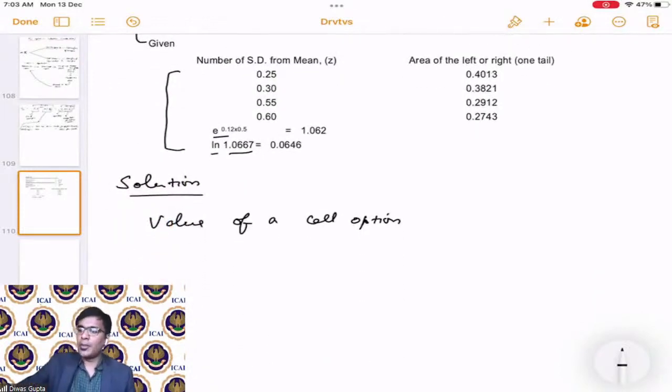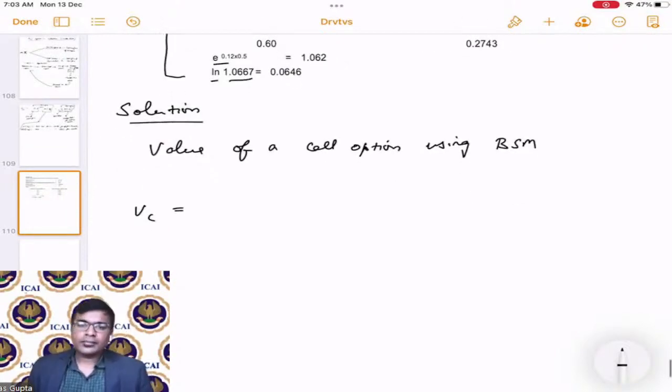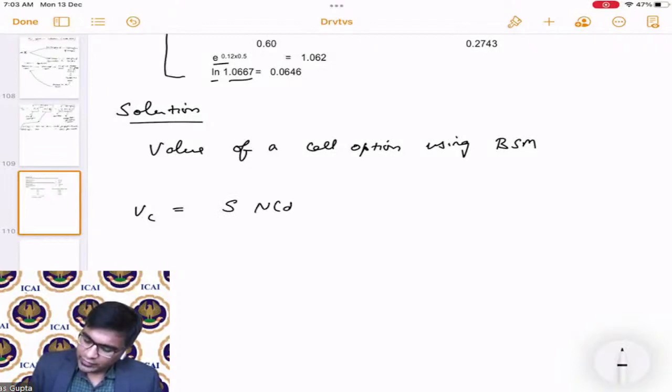So the value of a call option using the Black-Scholes model is given as VC, the value of call. Now, we will just revise the formula along with this. It is spot price multiplied by N(D1).